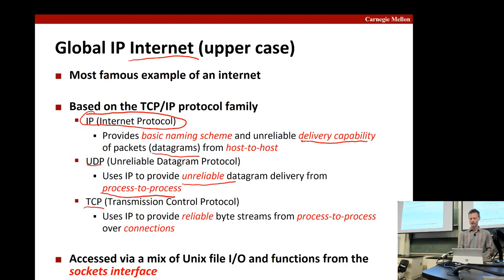But if there's some congestion and the packet gets dropped, that's a possibility, and your application should expect it. Okay, so far more used is what's known as TCP, because it still does process to process as in UDP, but it's reliable in the sense that if you send packets from a source to a destination, then eventually they'll get there.